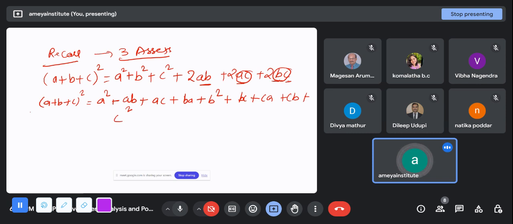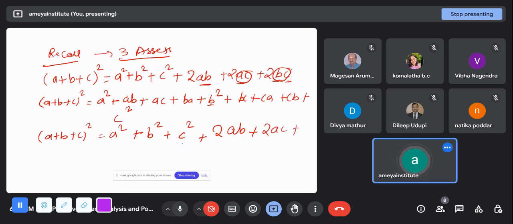Ultimately, (a plus b plus c) square is nothing but a square, plus b square, plus c square. Now let's make the combination of 2 into AB plus 2 into AC, that's one combination, plus 2 into BC.